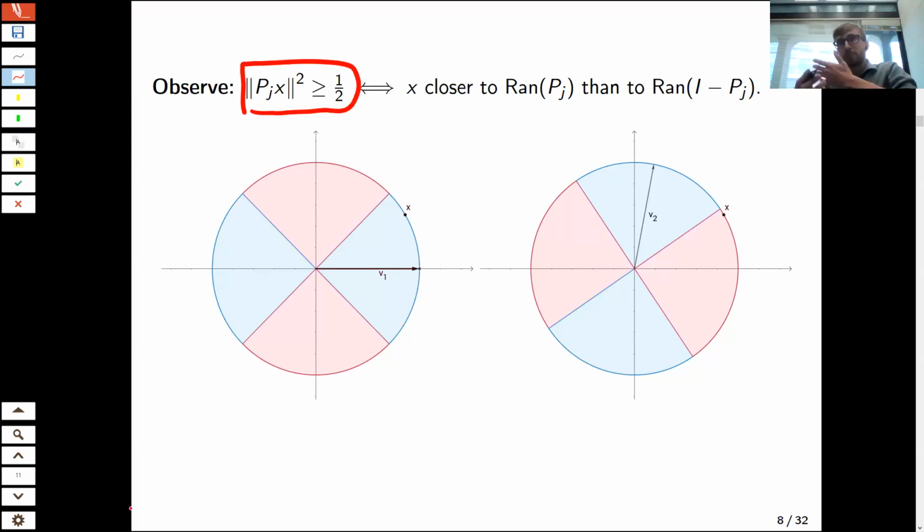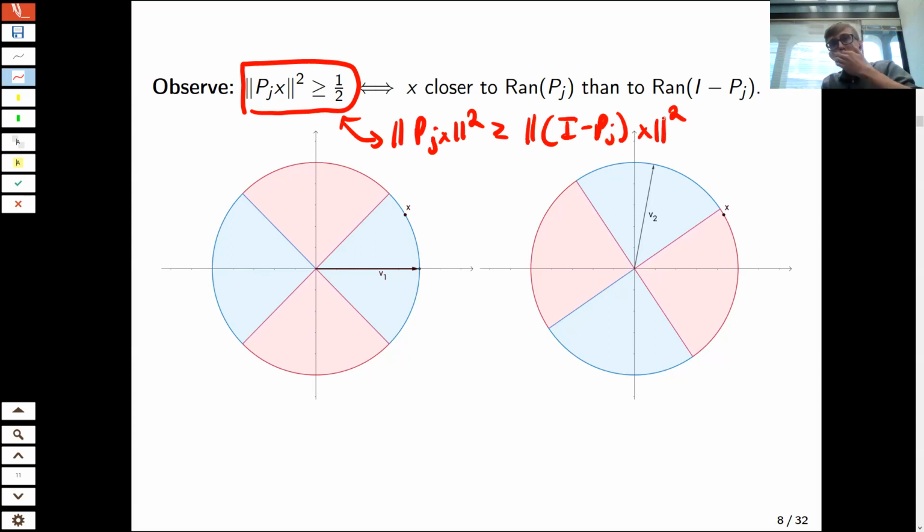So since we're measuring unit norm signals, this threshold question is equivalent to asking whether the norm of PJ x squared was greater than or equal to, so these are also equivalent, norm of I minus PJ x squared. And that, just in plain English, is asking, or the answer to that question is really telling you, is x closer to the range of PJ than to the range of I minus PJ? And so here's a little picture to illustrate that.